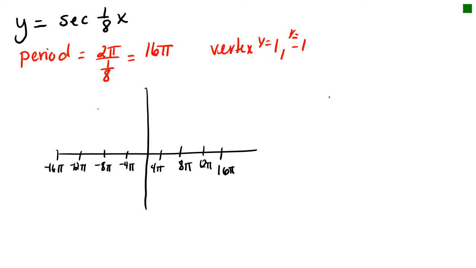Cosine starts up, so we're going to start up as well, but our asymptote is going to be at 0. Let me draw the asymptotes in. So we'll have an asymptote here, here, here, here.